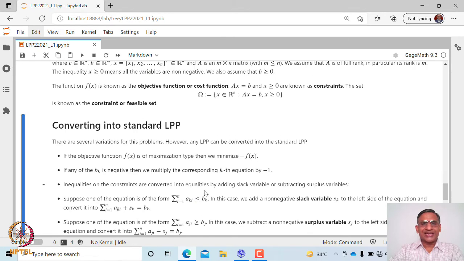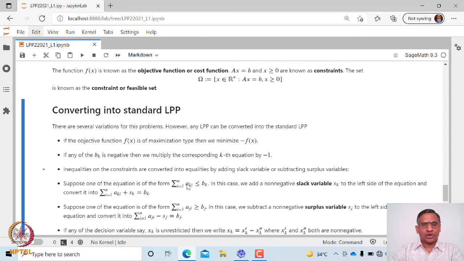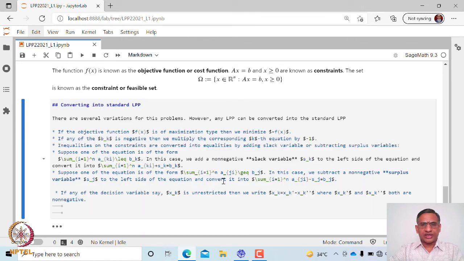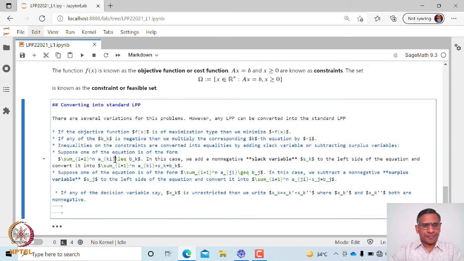So in case any of these constraints is of less than equal to type, let us say the kth constraint is less than equal to. That means what is the kth constraint? It will be summation aki xi. This should be xi here. This is a mistake. Let me correct this here. This is xi here also.